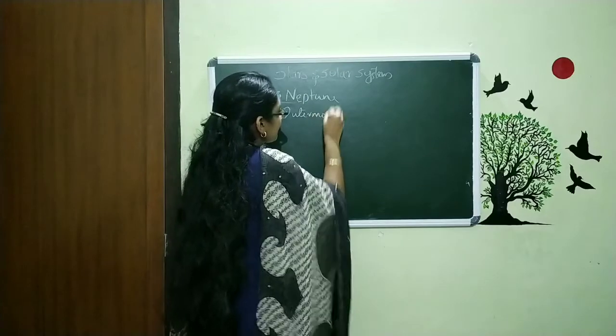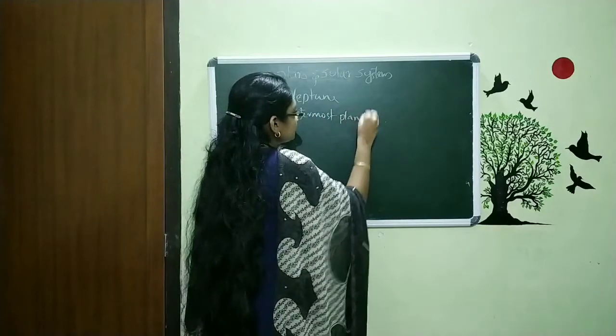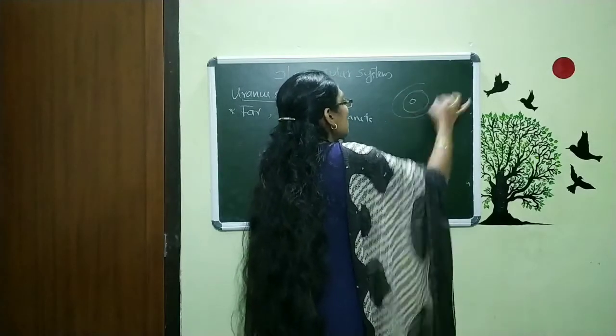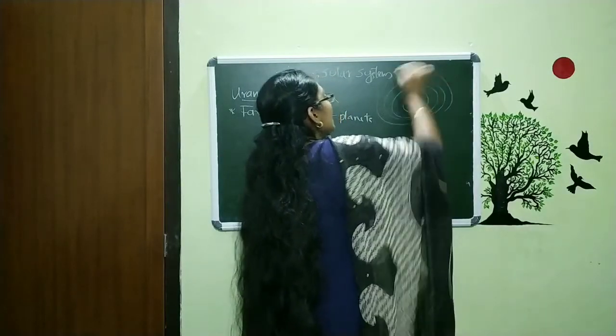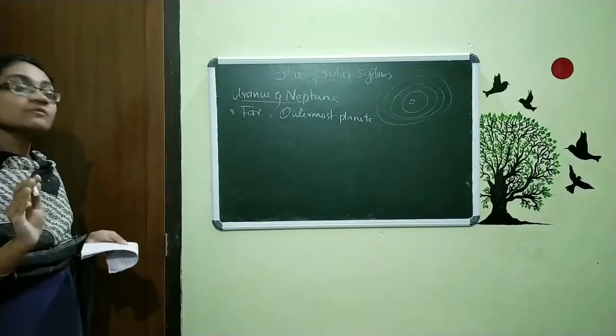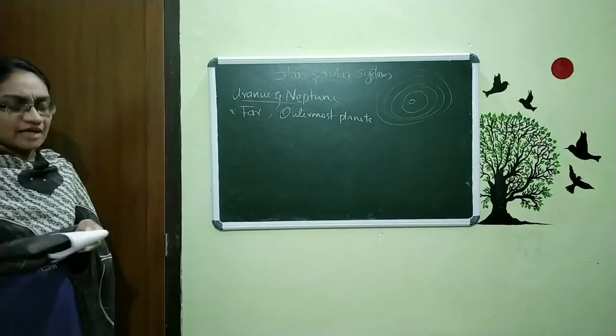We know the Sun is at the center and all other planets are revolving, and Uranus and Neptune are the outermost planets. That means the last planets.